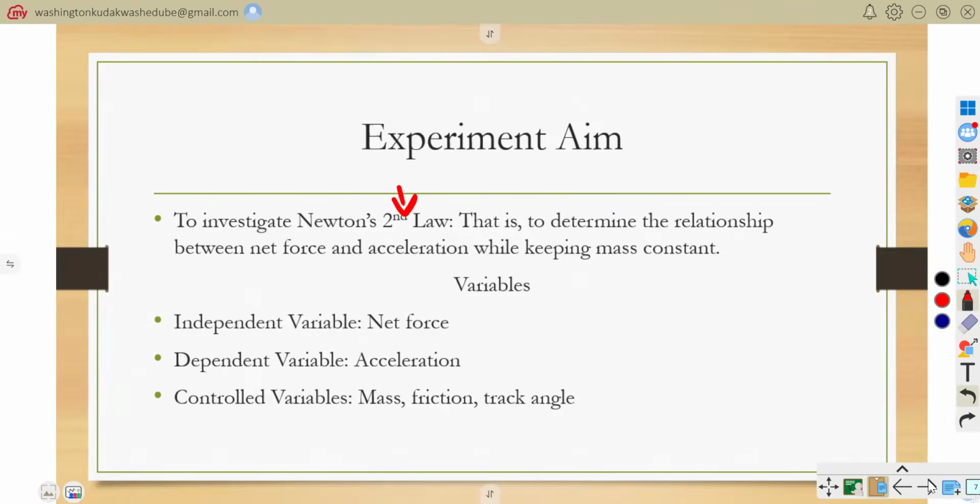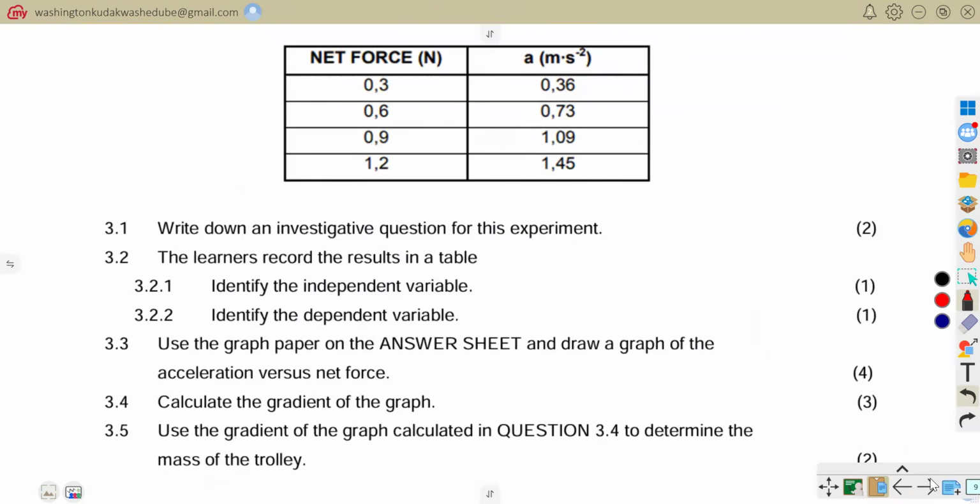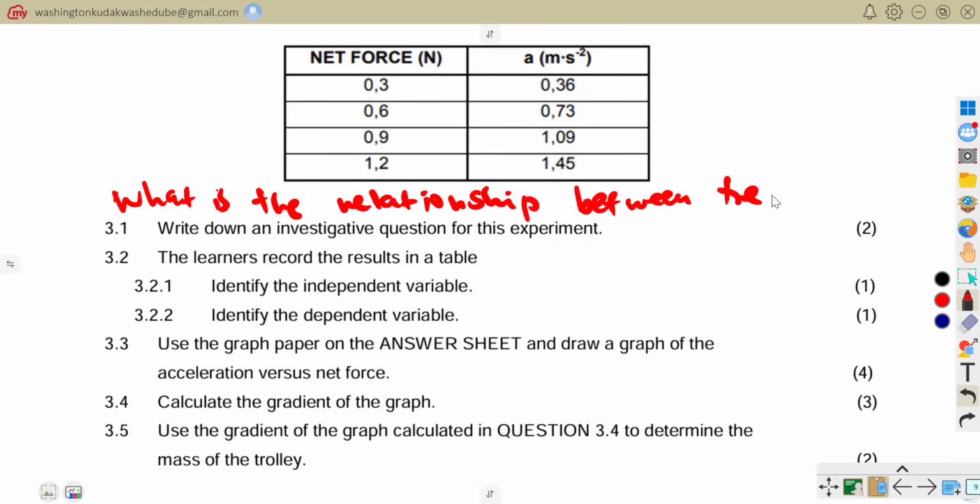So that is what you would have come here and said, where they said write down the investigative question for this experiment. You would come and say, what is the relationship between the net force applied, or else the net force, and the acceleration of the object?